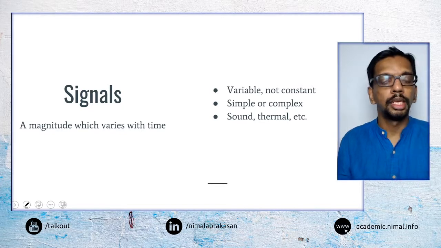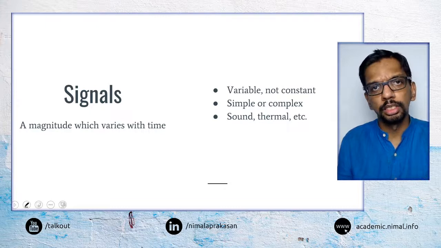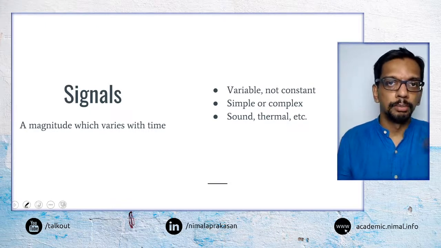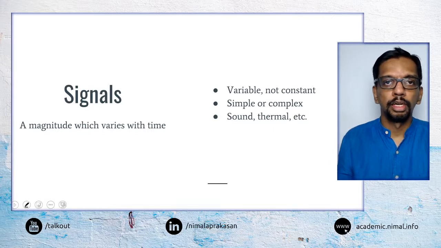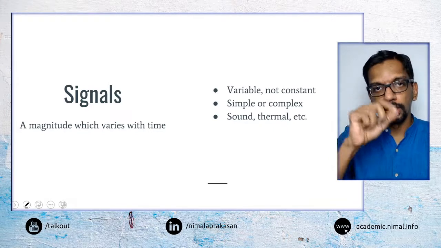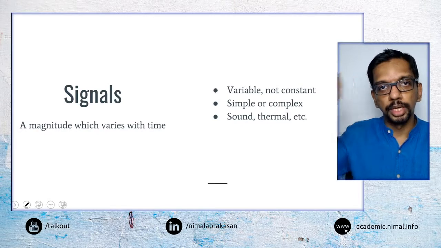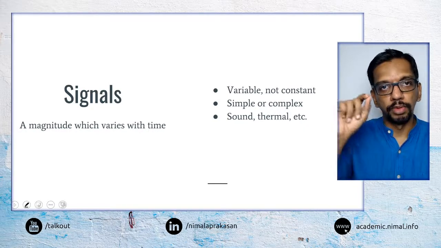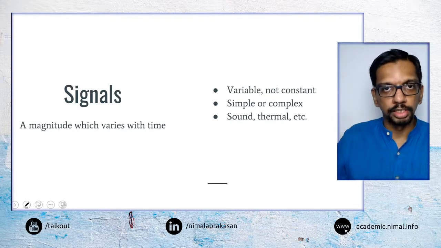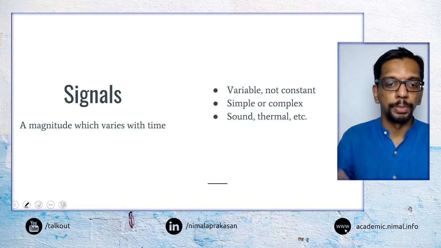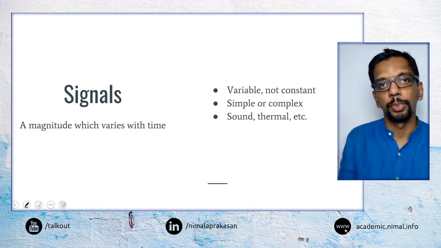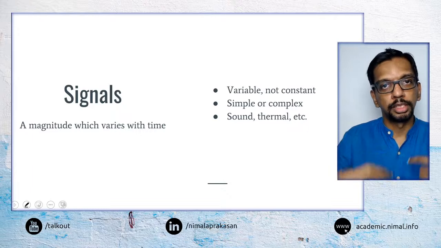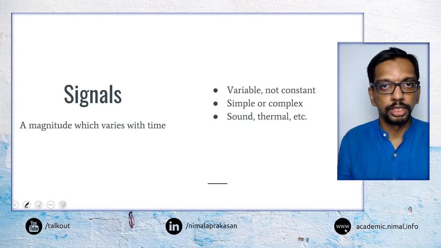And signals can be either simple signals or complex signals. For example, if we plot in a graph the temperature in the room, we measure the temperature and plot it, and that is a signal that changes over a period of time. But a person speaking is also a signal.